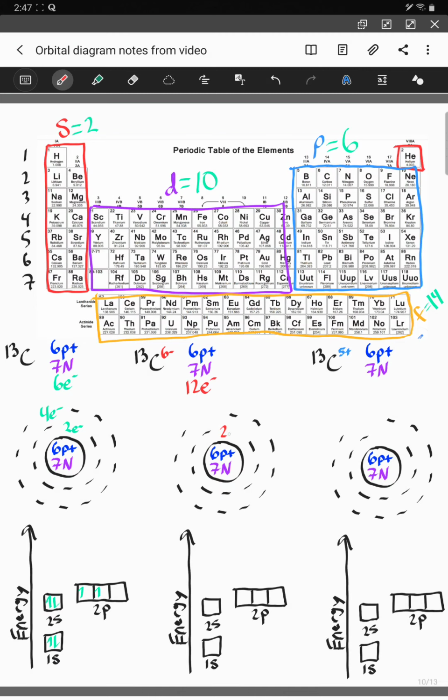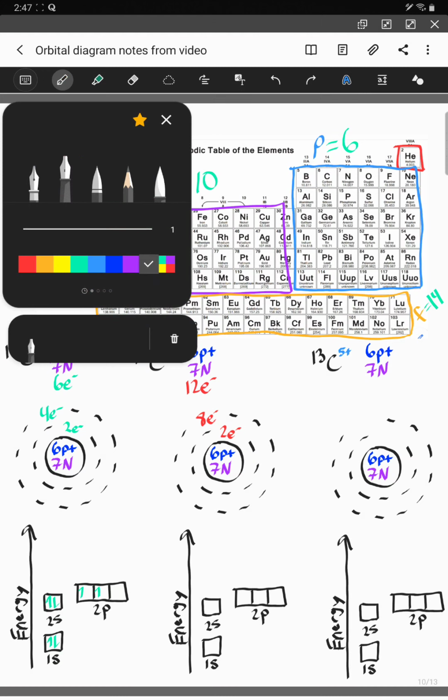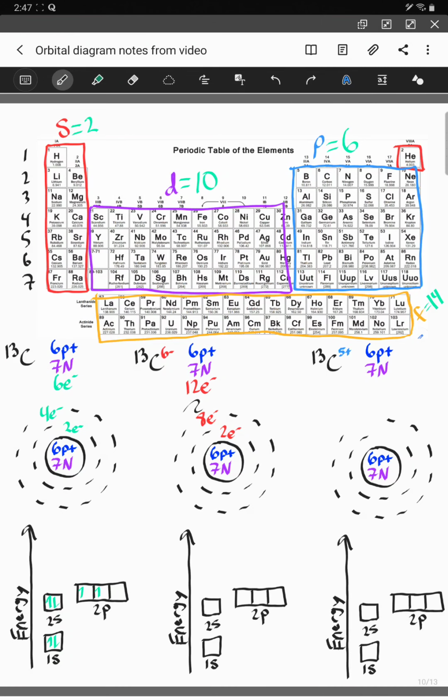So I can fit 2 electrons in that first shell, and we said that we can fit up to 8 electrons in the second shell. Well, 2 plus 8 equals 10. So we're not at 12 yet, we need to get to 12. That means I'm going to have to add another energy level here so that we have room for 2 more electrons.